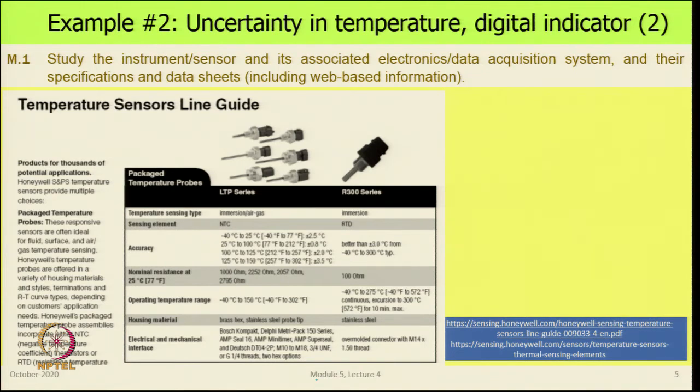If you go to the web and start asking what types of sensors are available, what types of indicators I can have, and what other permutation combinations there are, you will get a very large number of options, and then you have to decide how to go forward. The first thing is, let us get the information, and here I have displayed some samples of what you would expect to see.